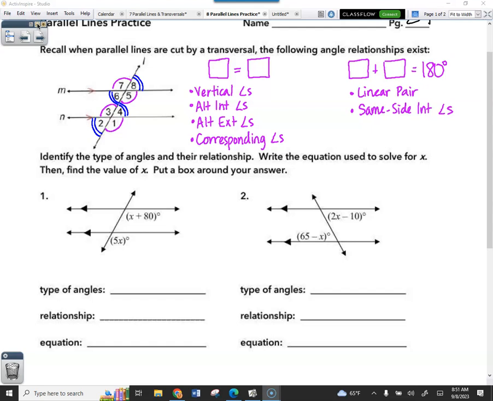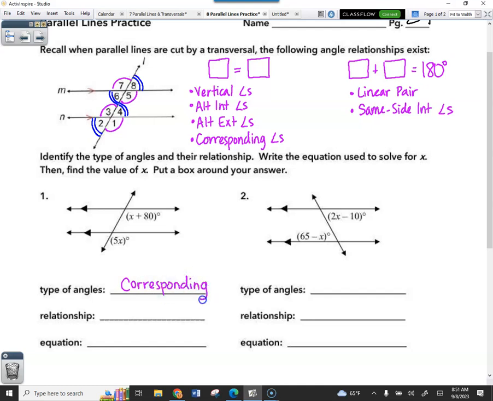You know they're not vertical. Yes, and that's one of the toughest ones for some people to recognize. Maybe it's because if you don't see the four quadrants and think bottom right, bottom right, that makes it challenging. But they're definitely corresponding.